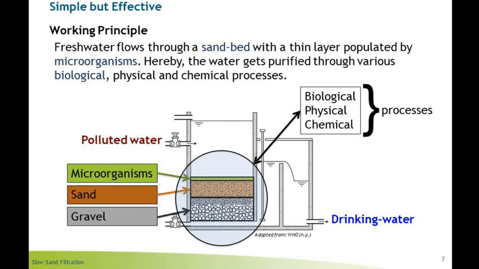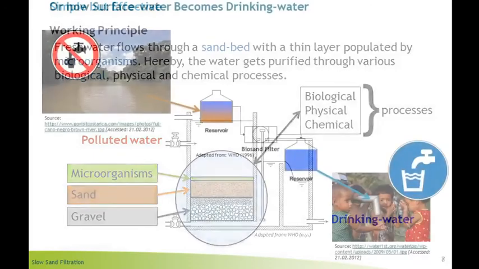You can see the biological, physical, and chemical processes, all of which happen in the sand bed. They remove suspended impurities, colloidal impurities, colors, odors, and various other impurities through the filter.